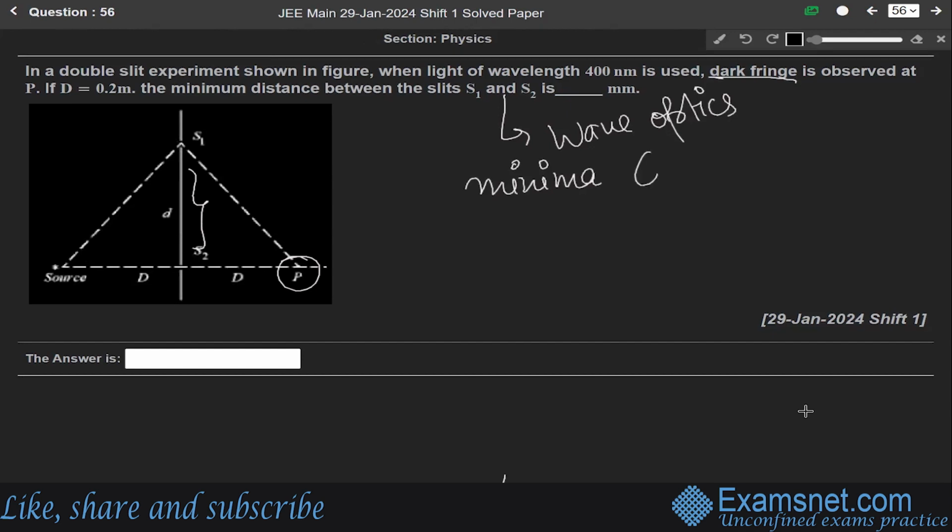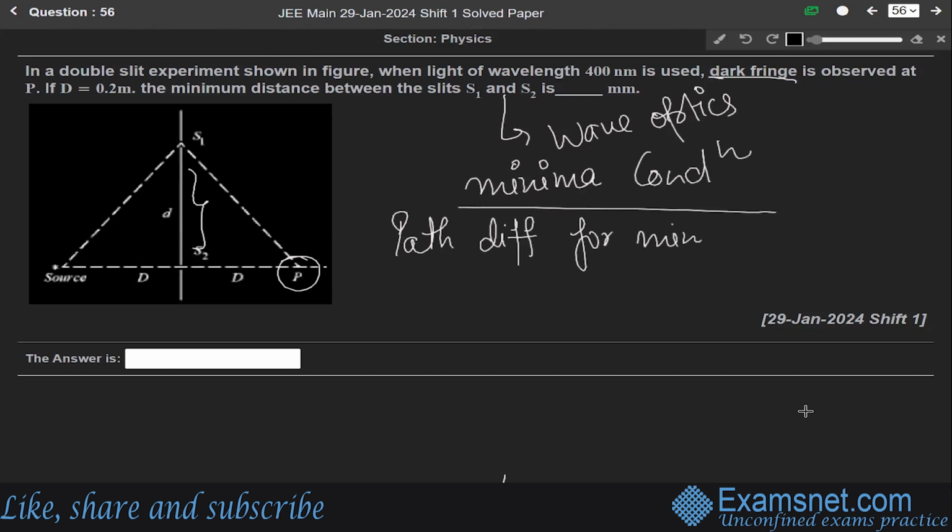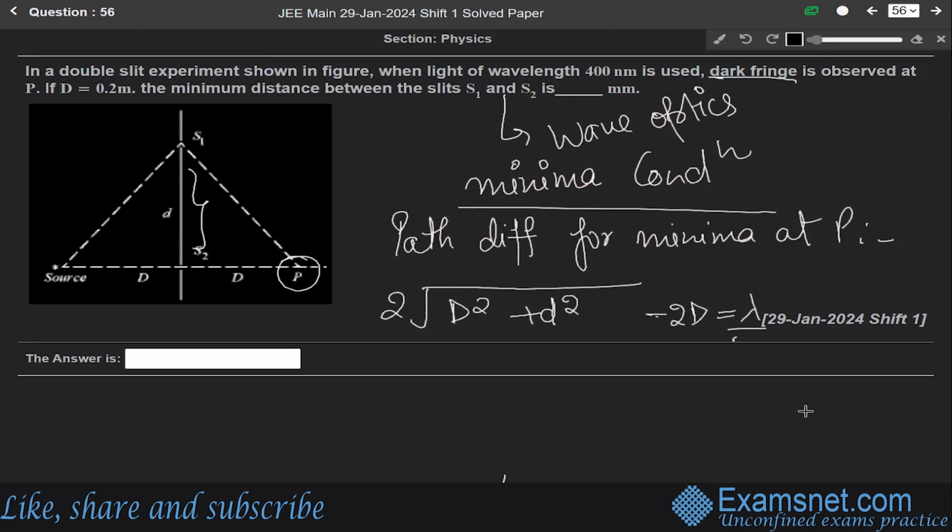Since a dark fringe is formed, dark fringe means minima condition. If a bright fringe is formed, we will use the condition of maxima. Since a dark fringe is formed, we will use the condition for minima. The path difference for minima at point P is 2 under root of D square plus d square minus 2D equals lambda by 2.